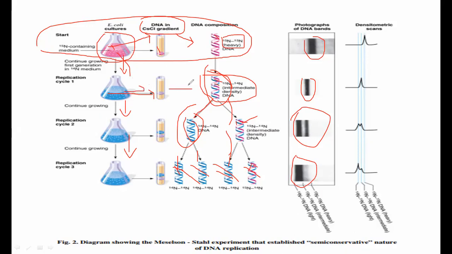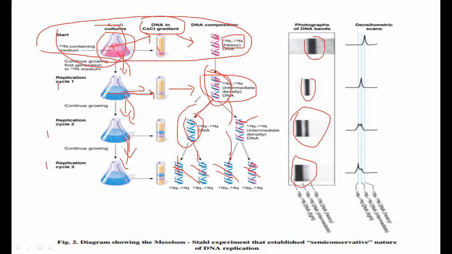Second one. Again, he extracted the DNA. Then again he transferred to 14. Cycle 3. He started with nitrogen 15. Then cycle 1, cycle 2, and cycle 3, all 3 cycles were in the medium containing nitrogen 14.